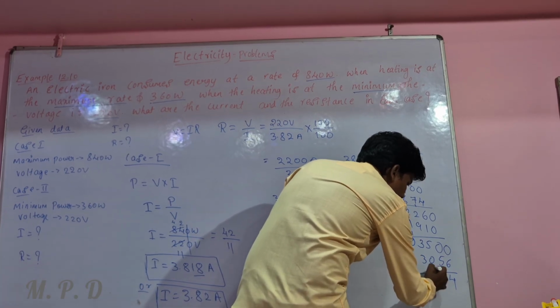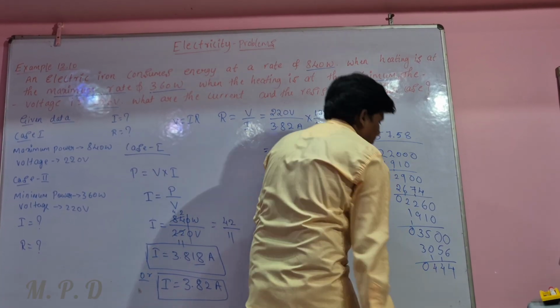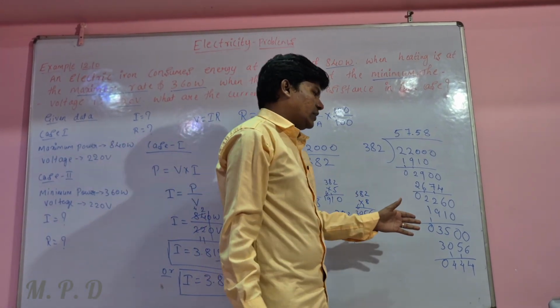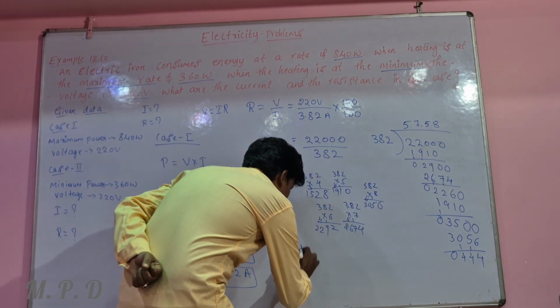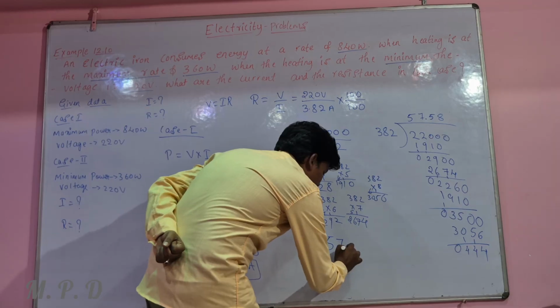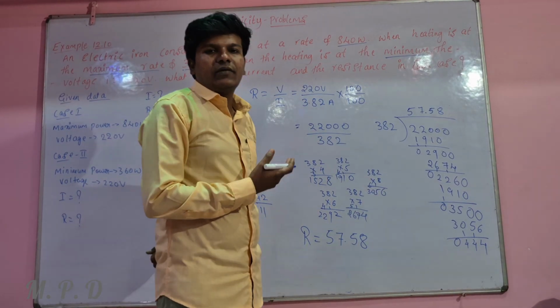Again we add the 0, and it is the same process. Now the resistance comes: the resistance is 57.58. This is our resistance.